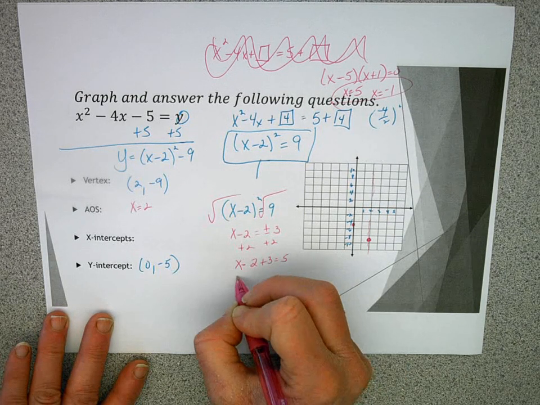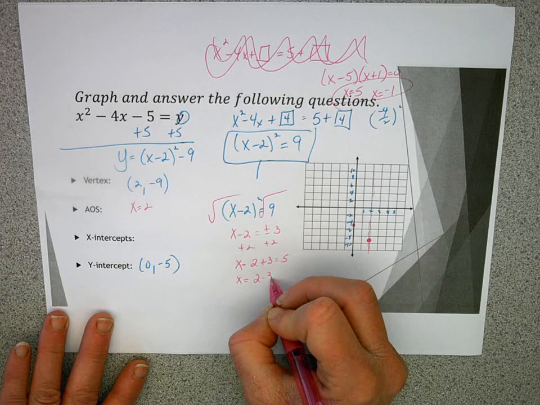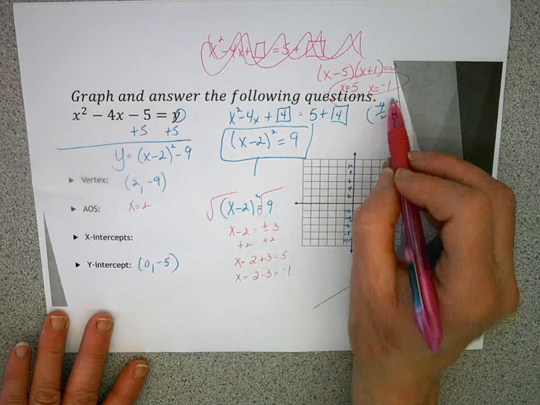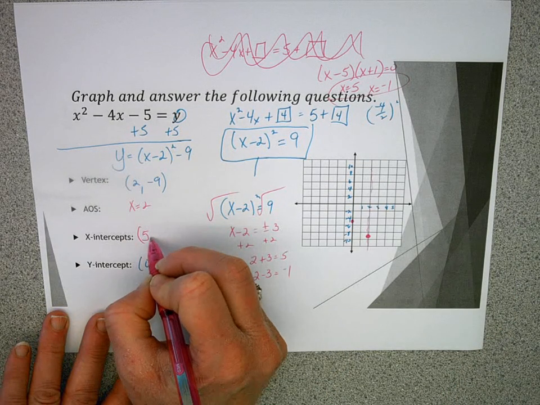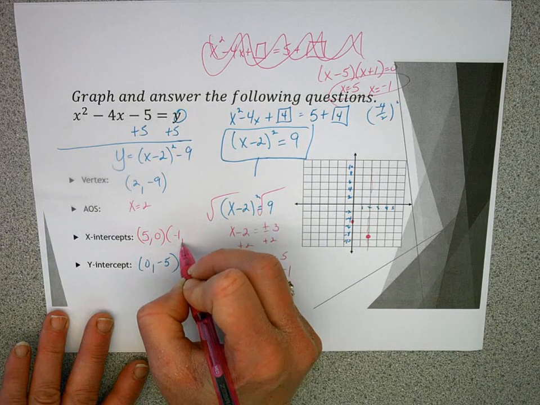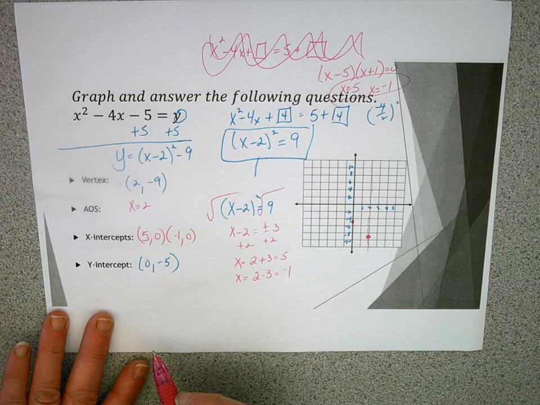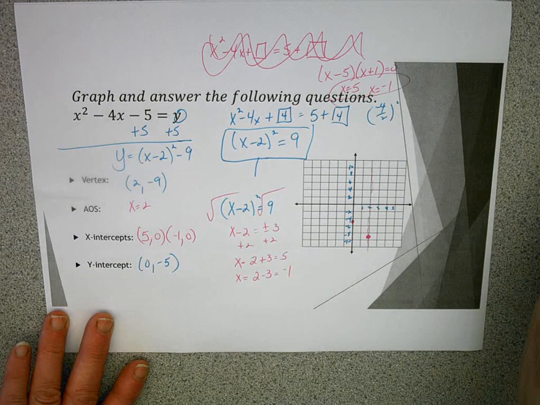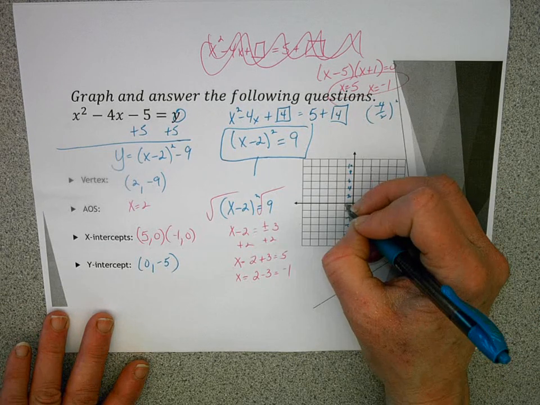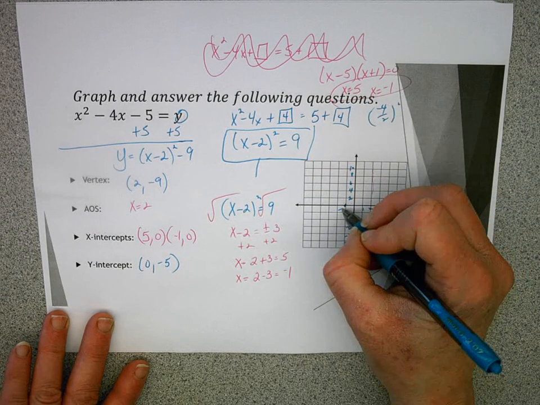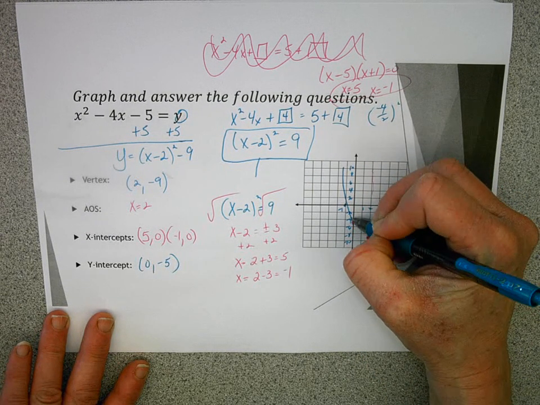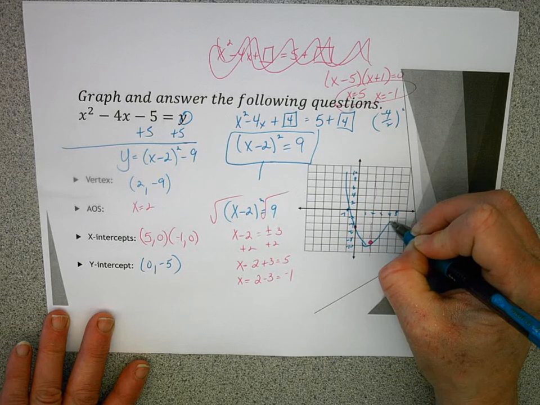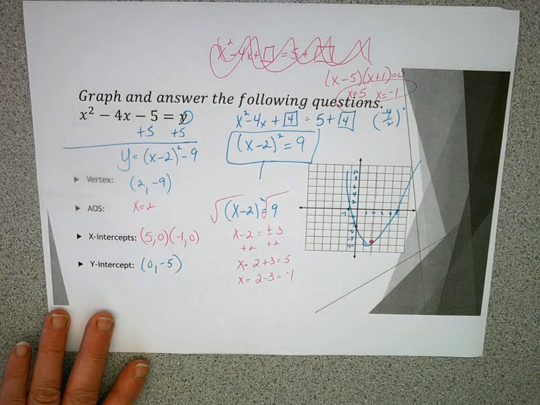And you get x equals 2 minus 3, which is -1. Same thing as when I factor. So we have (5, 0) and (-1, 0). Again, make sure these are written in the right form. Everything should be good. Line of symmetry should be right in the middle.